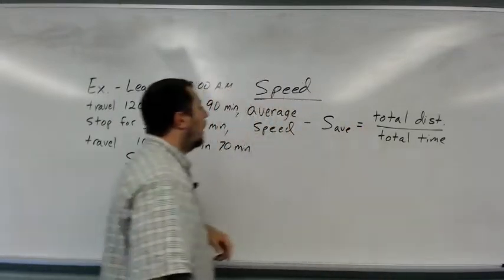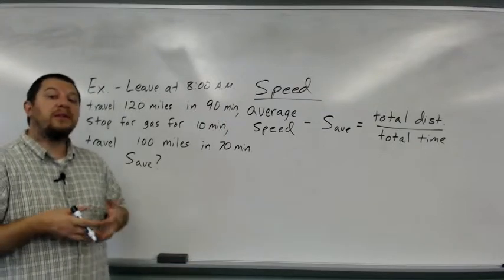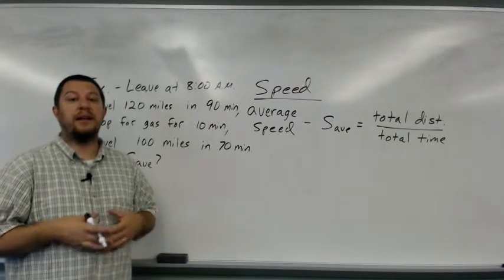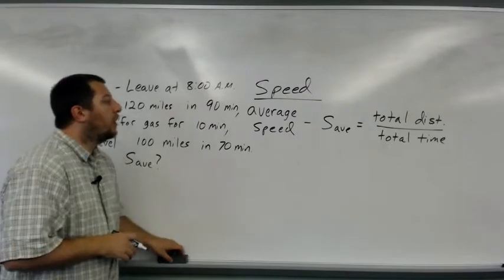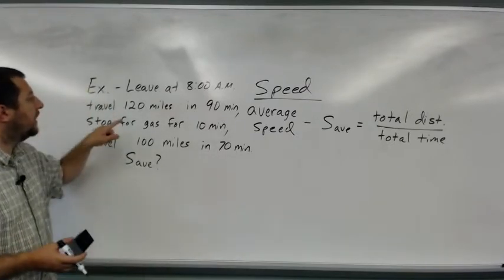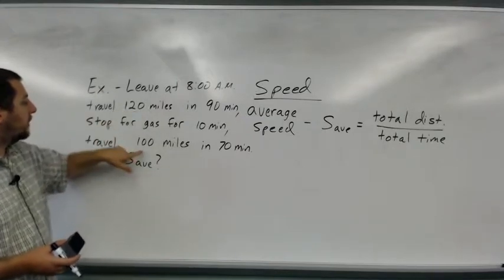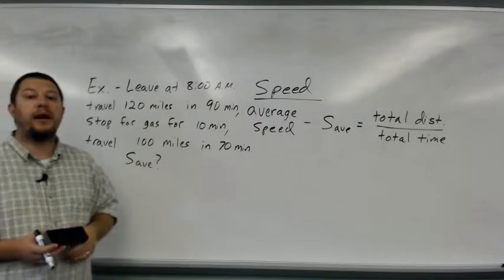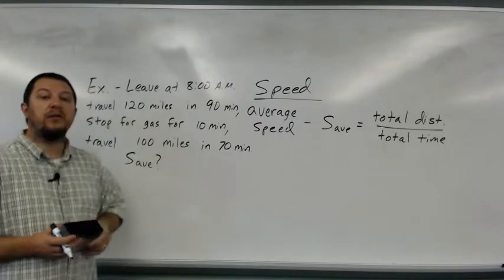All right, so what we need to do is determine what the total distance we traveled was and the total time that it took for us to do so. So we can see that we traveled for 120 miles and then we traveled for 100 miles. So our total distance would be 220 miles.